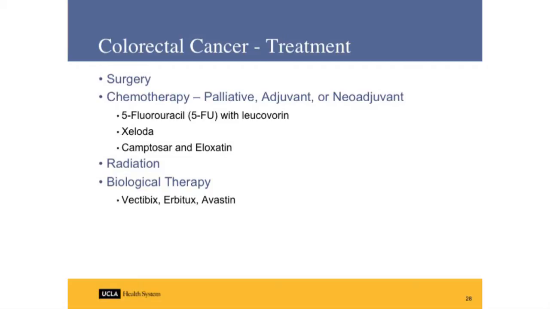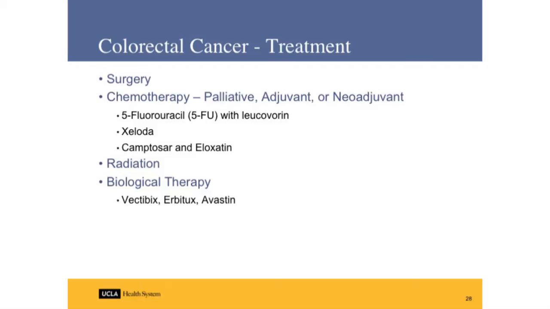Adjuvant chemotherapy is chemotherapy that's given after a tumor is removed. And then neoadjuvant chemotherapy is chemotherapy that's given prior to removing the cancer, to shrink the cancer before removing it.